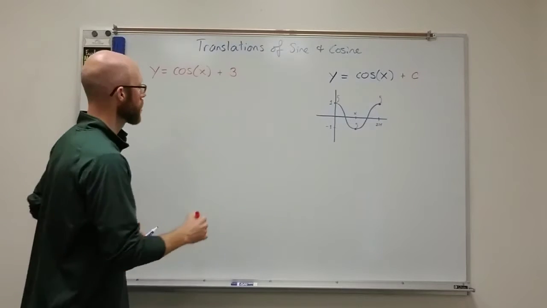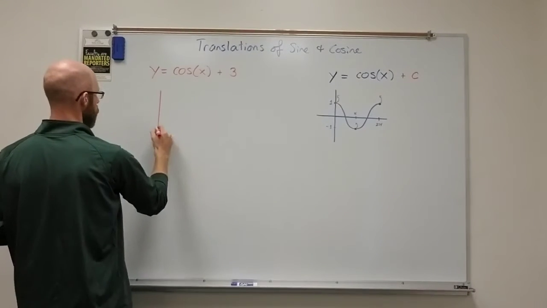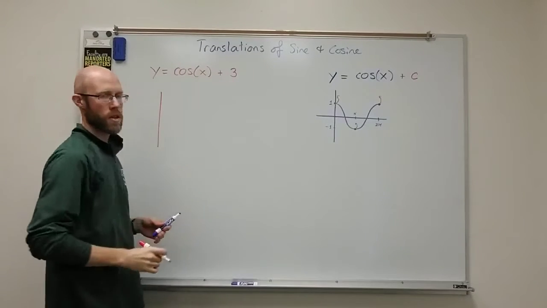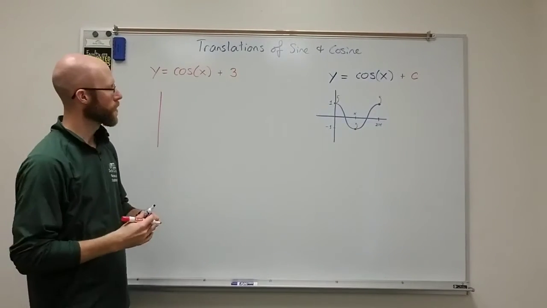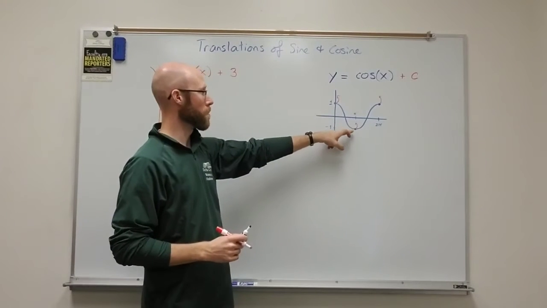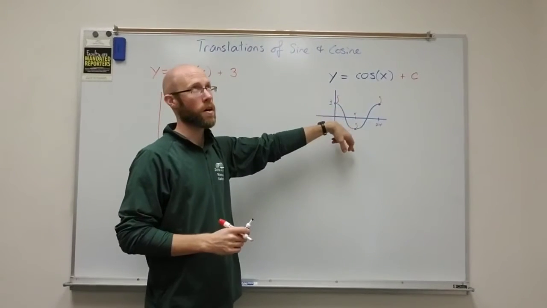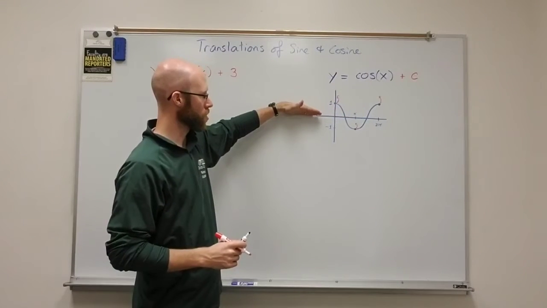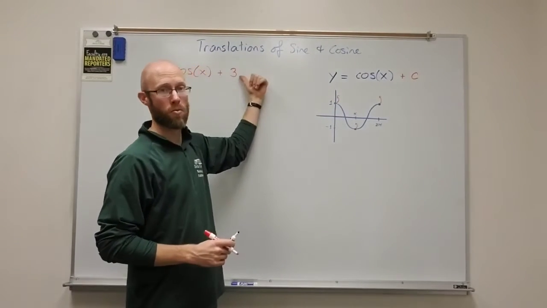3. This one's just a basic graph, starting with the basic cosine. We know the period, I know my 5 key points. All I really have to do is get my graph shifted up 3 units. To shift it up, I need the maximum to go from 1 to 4, the minimum to go from -1 to 2, and the axis here to go from 0 up to 3.